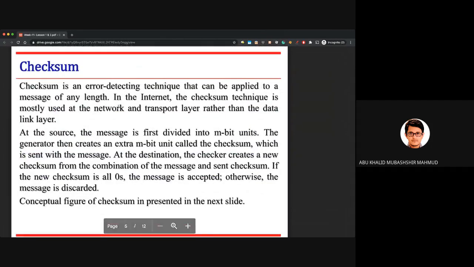Here we will look at the next topic of checksum. Checksum is an error detecting technique that can be applied to a message of any length. What we had seen before the checksum, the cyclic redundancy check technique, works for a specific number of bits.